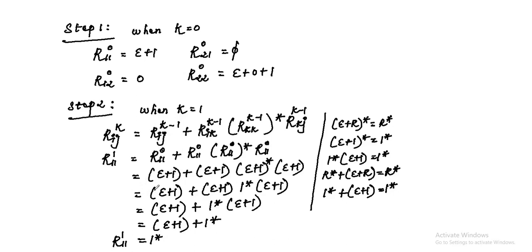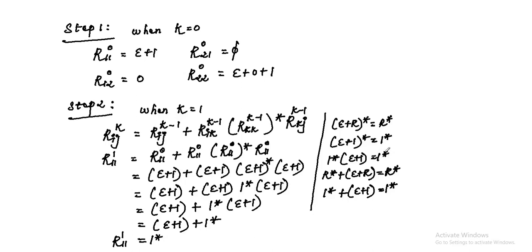Here we have epsilon plus 1 whole star. Look at the identity rule: epsilon plus r star equals r star. Then you directly write 1 star here, into epsilon plus 1. Then epsilon plus 1 plus 1 star, epsilon plus 1. How do you write 1 star epsilon plus 1?